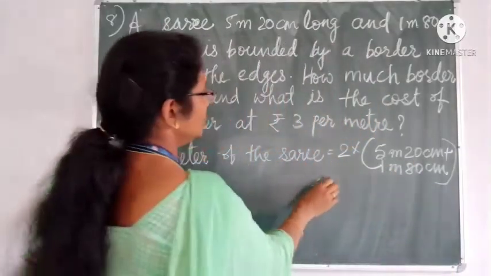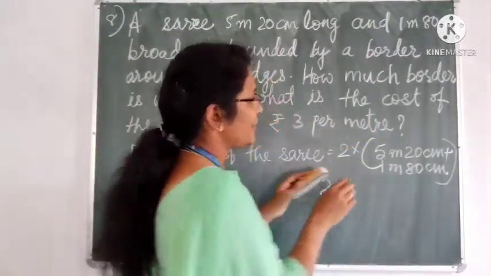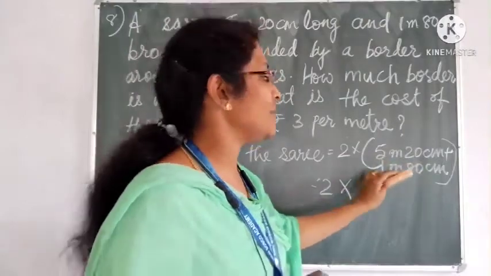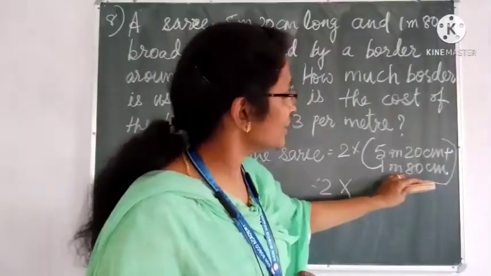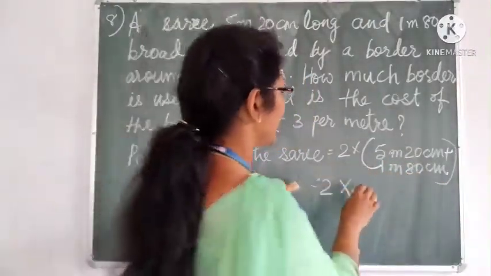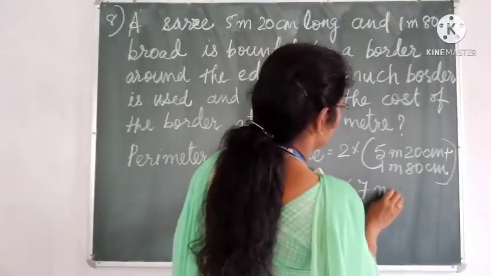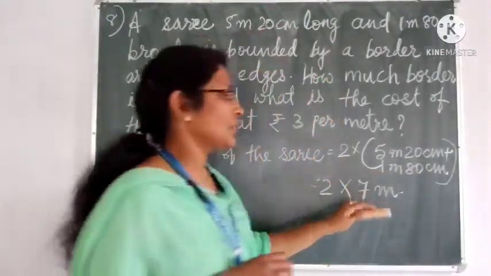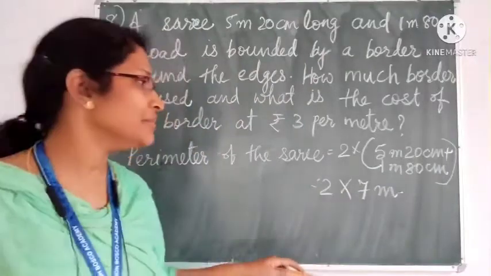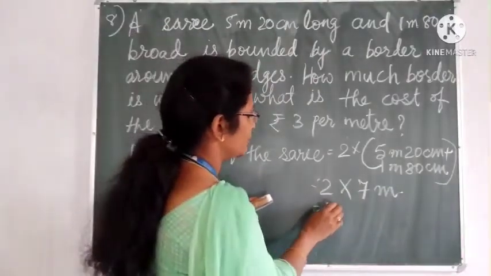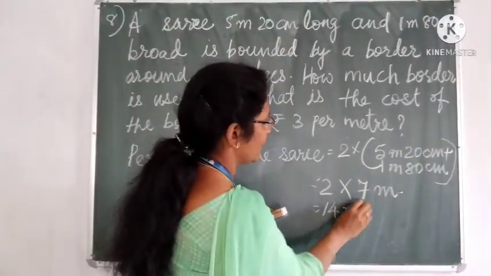When you add these, what will we get? We will get 7 meters. Now, 2 into 7, 14 meters.